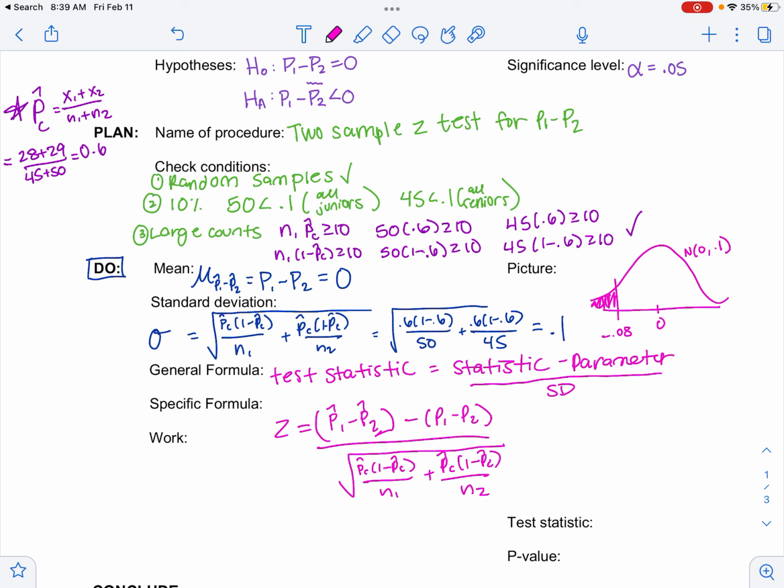As I plug all of these things in, my z is negative 0.08 minus 0 over 0.1. And so we get that our z score is negative 0.8.